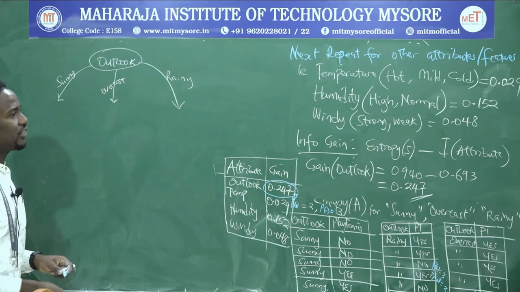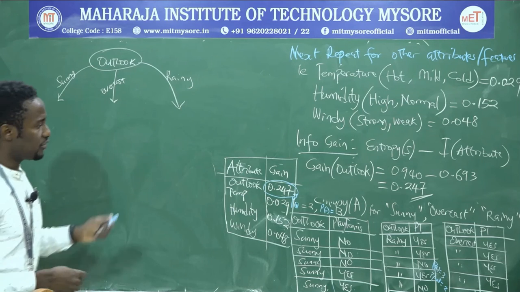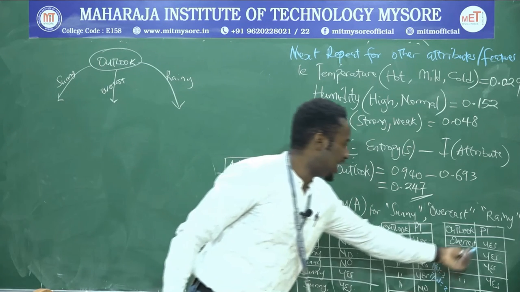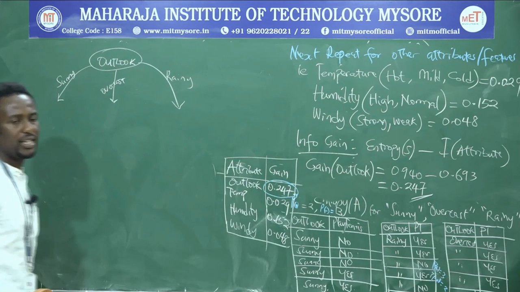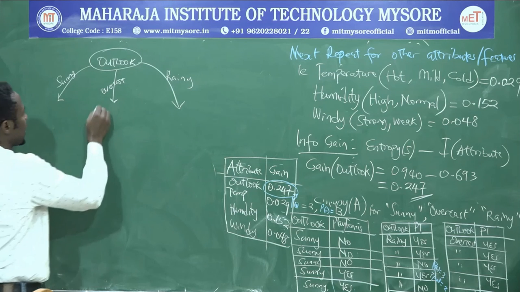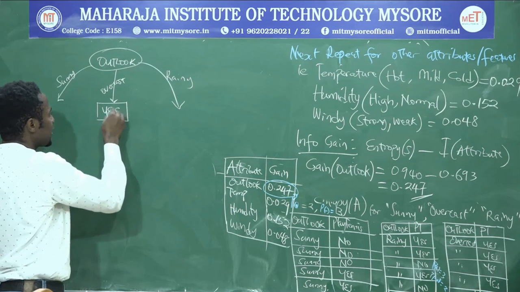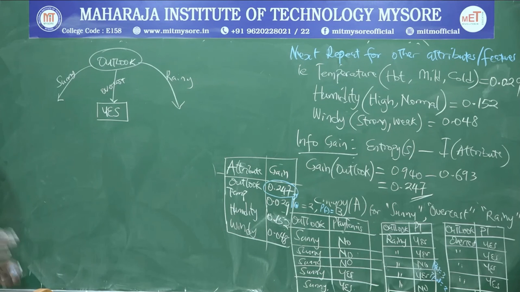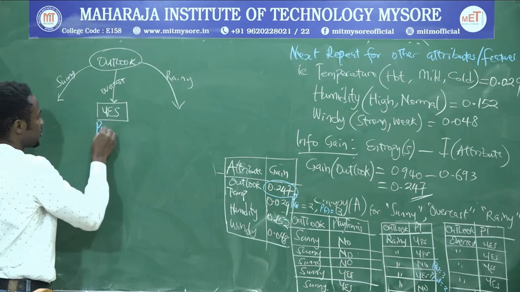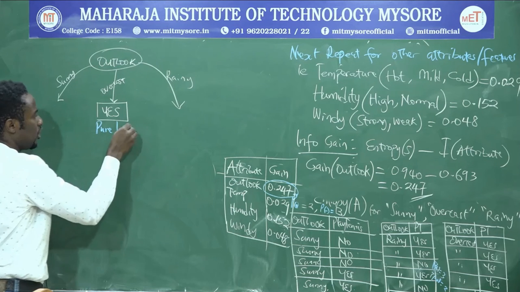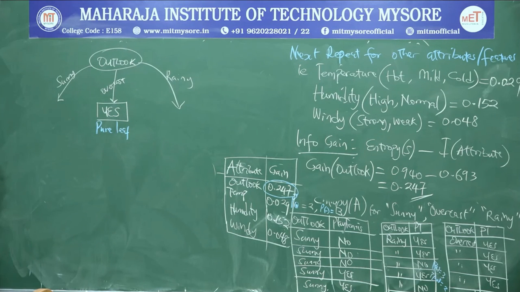Why do I say that overcast doesn't require branching? Because if you check, overcast has only one outcome, which is positive, yes. So overcast has reached a pure leaf node, and we don't need any further splitting. This is my pure leaf. Now, how about sunny and rainy?